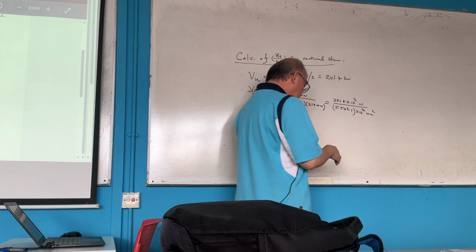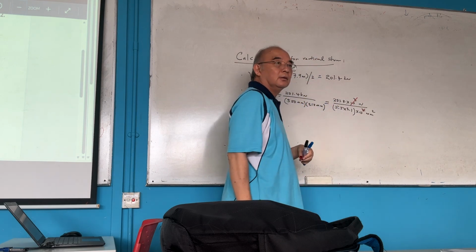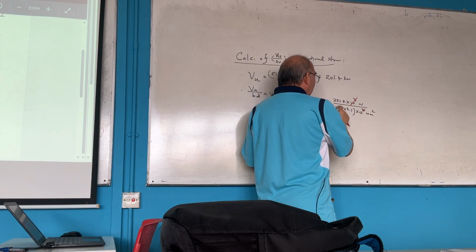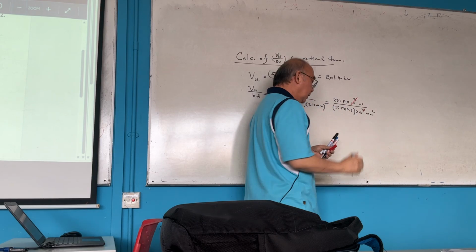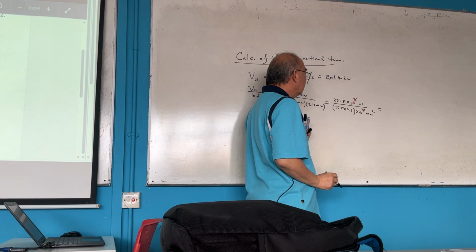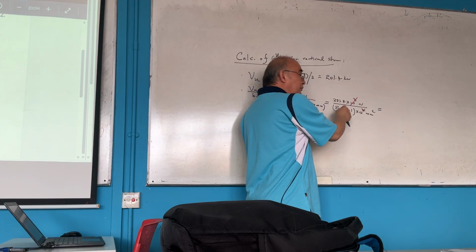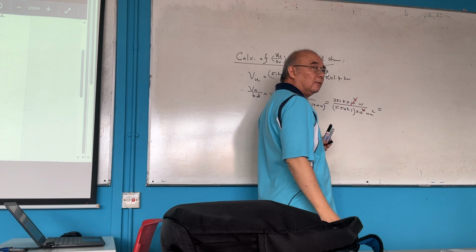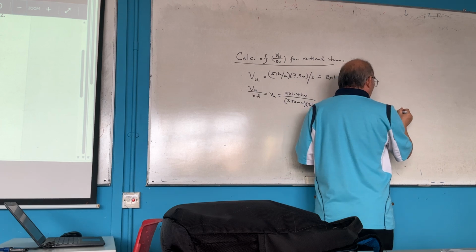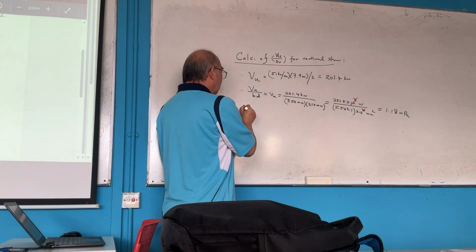Understand? Meaning that the 10 to the 3 cancels out, leaving 10. So now you have 201.4 divided by 5.5 divided by 3.1 divided by 10, which is about 1.18 MPa, Newton per millimeter square.